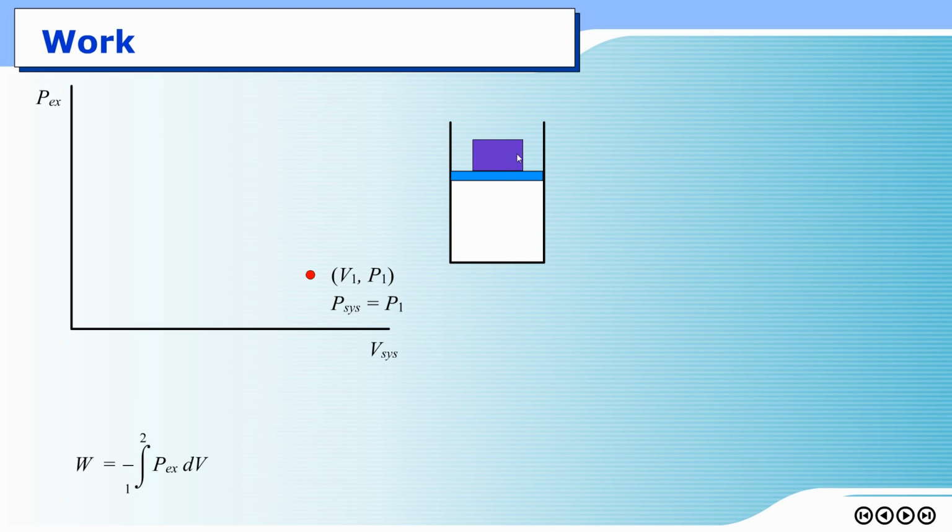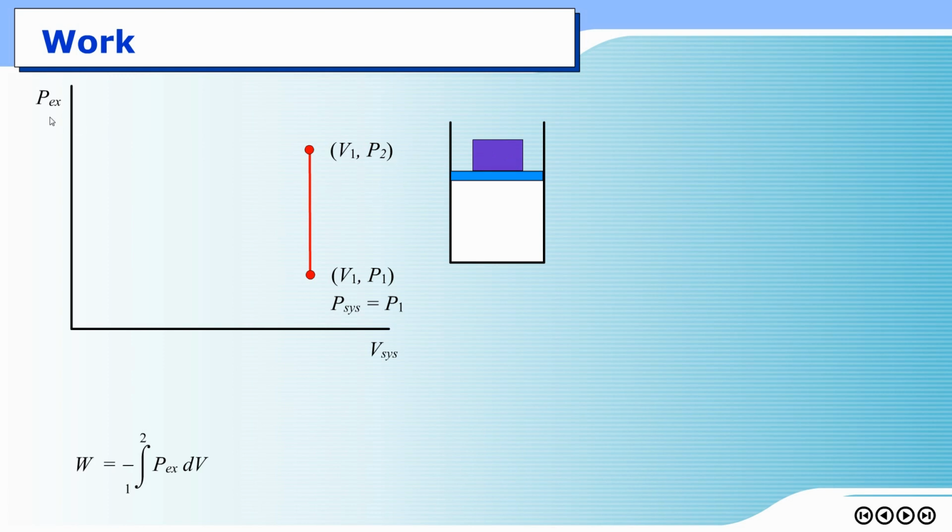But at the moment that the mass is put on top of this piston, the external pressure on top of this piston is abruptly increased. It's increased right away to another value, P2, and this P2 can be calculated from the external pressure or atmospheric pressure added with the pressure from this mass, right?